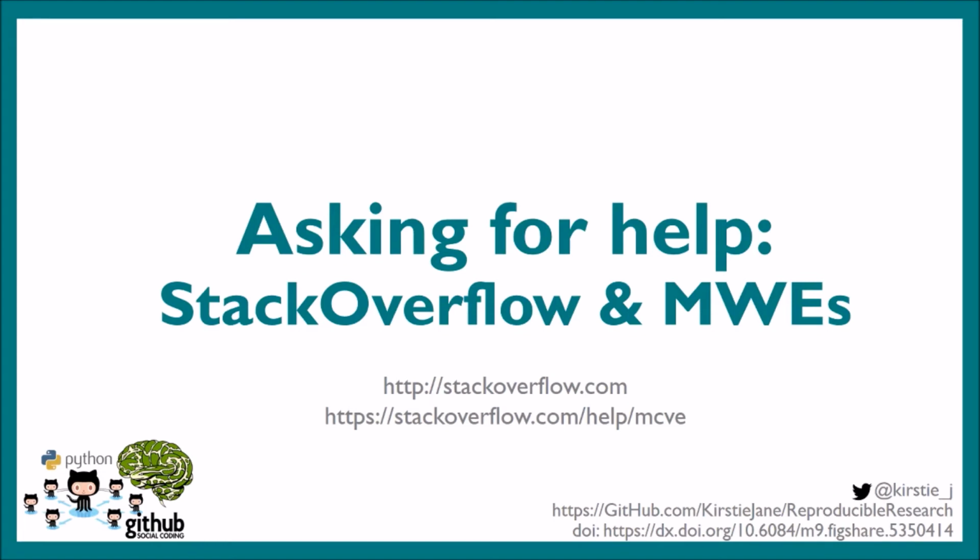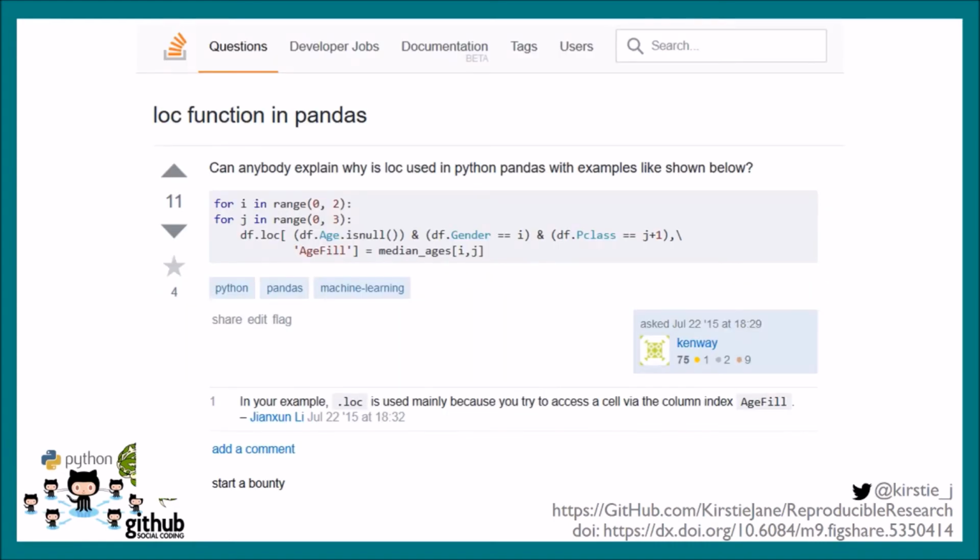So I want to explain an acronym, MWE, a minimum working example. It's really hard to have someone help you if you don't give them code that they can run. So here's a question that somebody asked about the lock function in pandas. They gave some code.